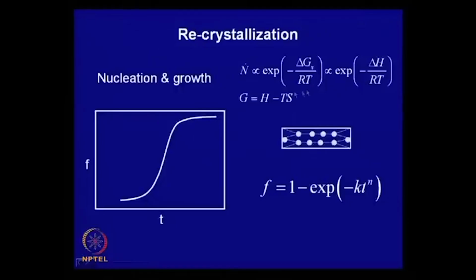Now, apart from this, there will be a growth process also, which is pictorially shown here. When this number of nuclei form, they will grow also, and when they grow, there will be a factor called the impingement factor, which is shown here.